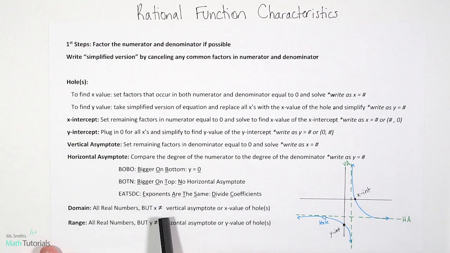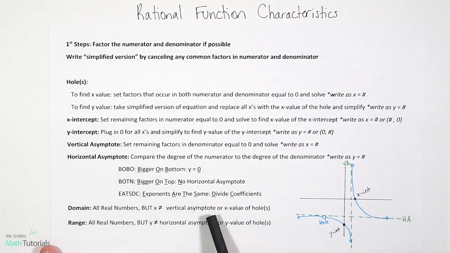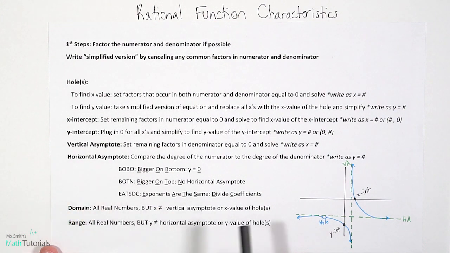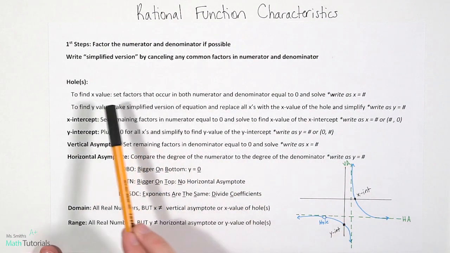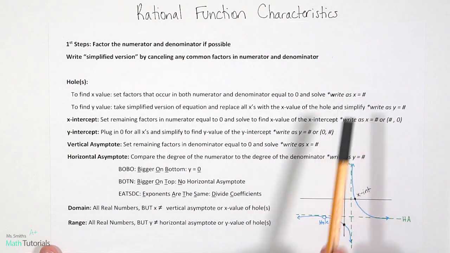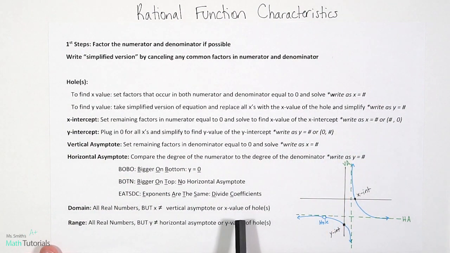But x cannot equal, that's what that little equal sign with the slash through it is saying, x cannot equal the vertical asymptote, so whatever number we get right here, or the x value of any holes. So looking back up here, when we find the x value of the hole, whatever we get, that cannot be part of the domain.